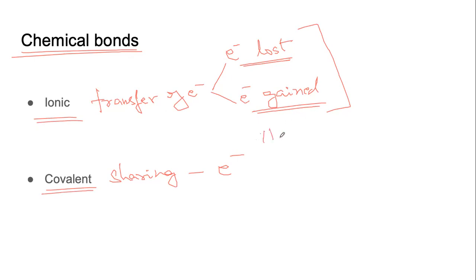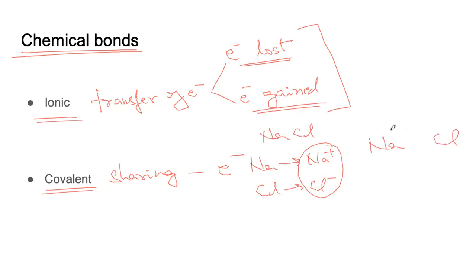So NaCl. Remember how it was formed. Na first forms Na+, Cl forms Cl-, and then they join. Another way to say the same thing is, one electron sodium loses to chlorine, and because of this a bond is formed between sodium and chlorine.